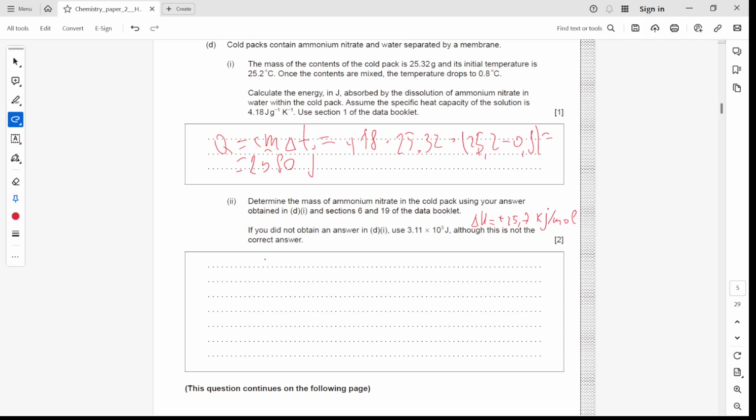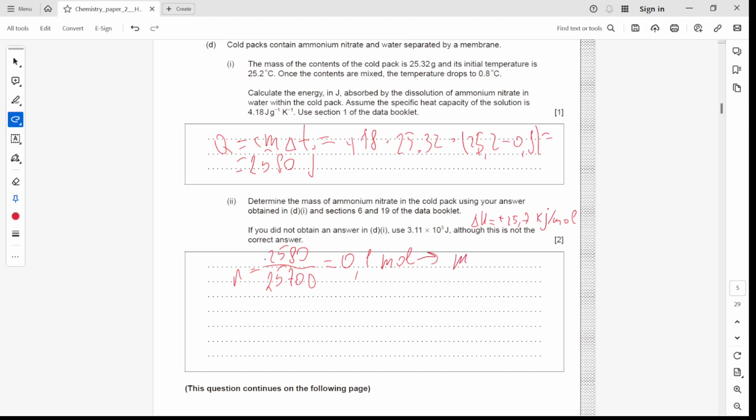And if we dissolve 1 mole of ammonium nitrate, we would get 25.7 kilojoules, and so the number of moles that we need to dissolve is just the ratio of total energy that we need and total energy that we get from 1 mole, and it's going to be around 0.1 mole.